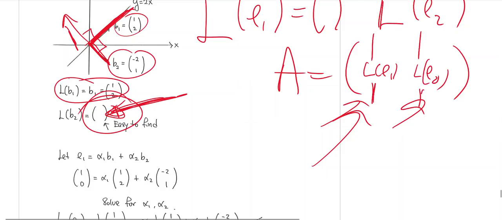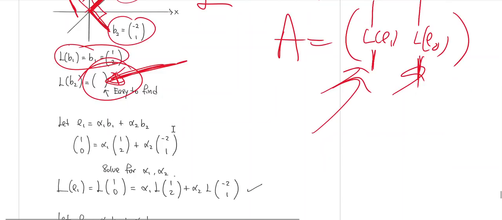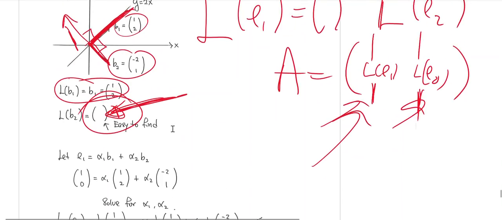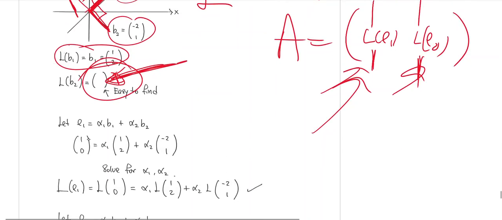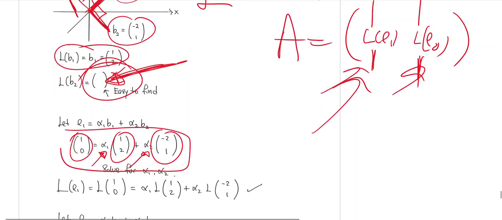Now, using techniques that you're going to be very familiar with, I need to know what LE1 is and I need to know what LE2 is. So I write down my E1, which is this. I know my B1 and B2, by the way. B1, B2 is known. So you have to figure out what alpha 1 and alpha 2 you need in order to get this equality.